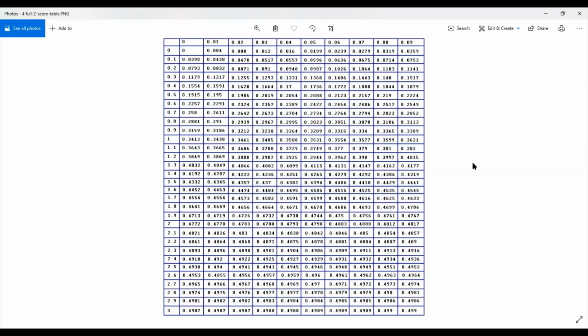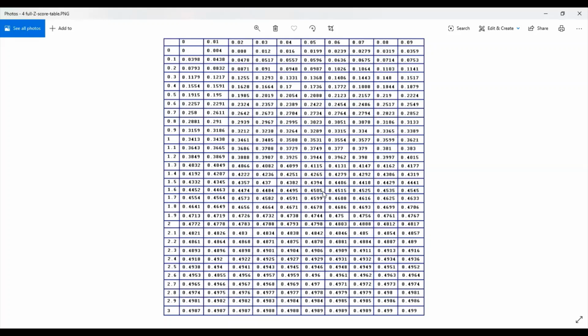Look at the closest value to 0.45 in this table. This is the closest value to 0.45, correct? What is the Z value of this 0.45? 1.65, correct. That is the constant for 90%.